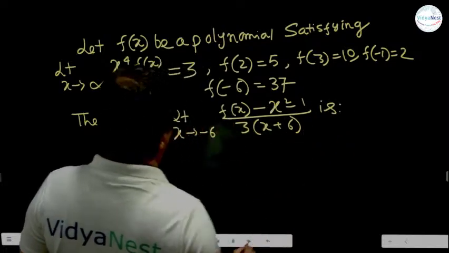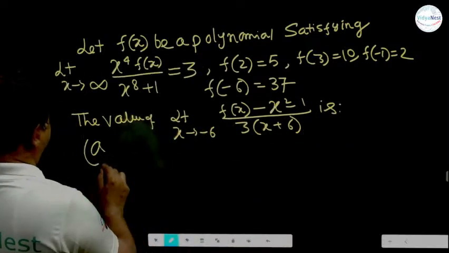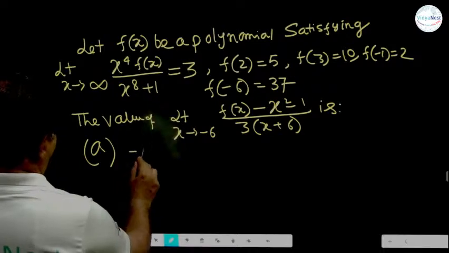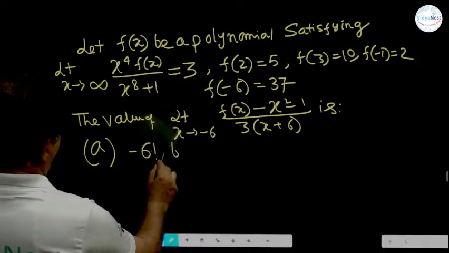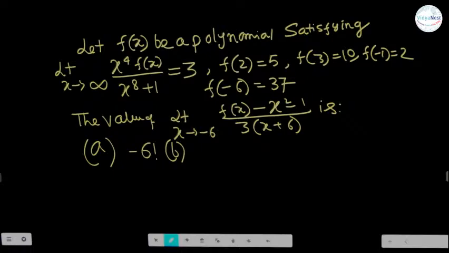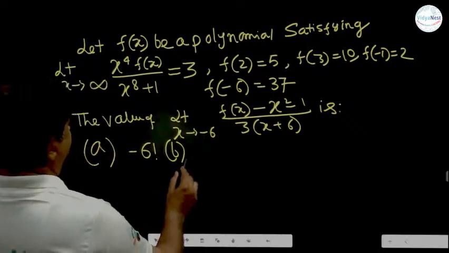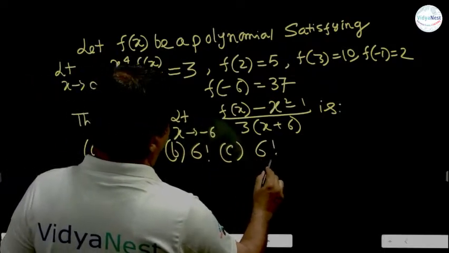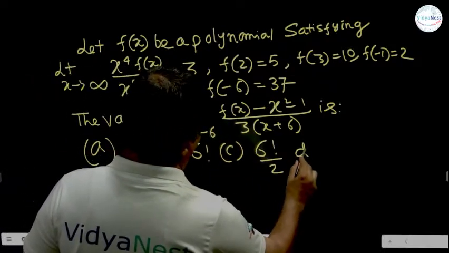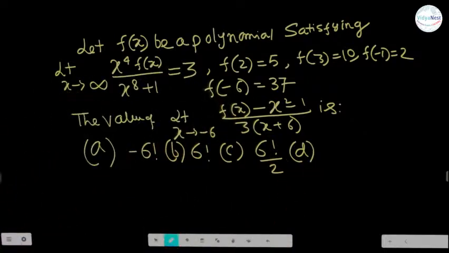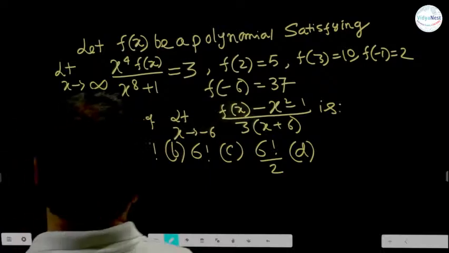Option A is minus factorial 6, option B factorial 6, option C factorial 6 by 2, and option D minus factorial 6 by 2.